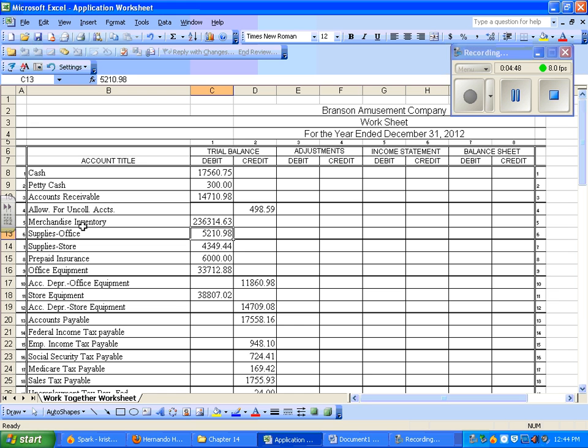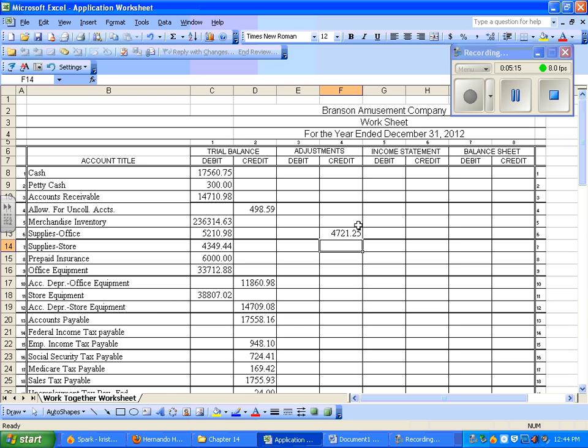And in order to do that, in order to reduce this, we're going to credit it. We're going to credit it for the difference. So you say 5210.98 minus 489.73, and that gives you 4721.25. Now, that's your credit side for this adjustment.